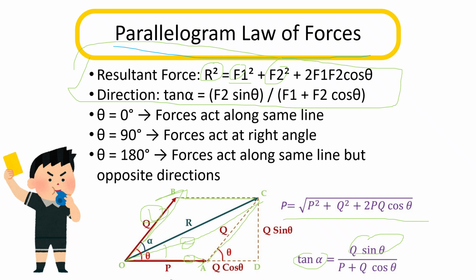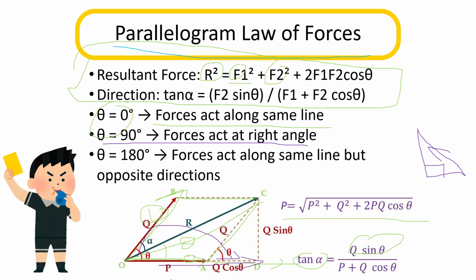Now the thing that you have to remember is, if theta is 0 degree, then the force will act along the same line. It means that if theta is 0, then this force is acting in this line, so the other force will also act along this line. Both the forces will coincide or will act in a single line. If the force is at 90 degree, that is a right angle, this will form a right angle triangle, and this will be the resultant force.